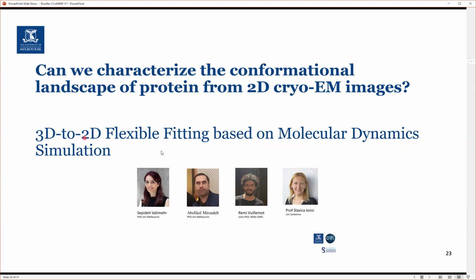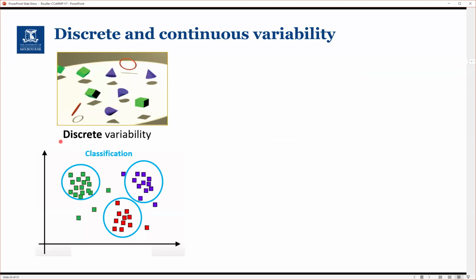Slavica was developing image analysis methods using molecular dynamics to understand conformational heterogeneity from raw cryo-EM data, so basically the movies or the images collected in the transmission electron microscope. I will summarize the problem shortly and explain the difference between discrete and continuous variability.